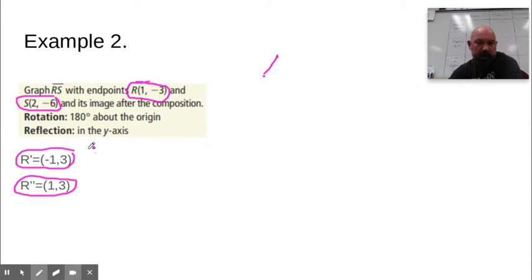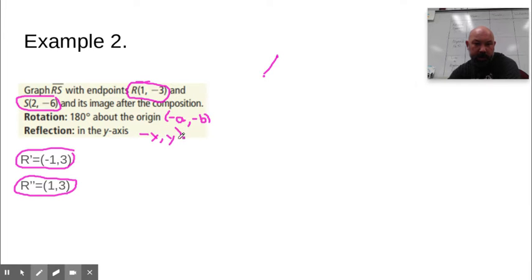Now, if you notice, I'm doing each of these points separately. Honestly, I think the easiest way to do it is to look at the points. I haven't shown you the graph yet. I think it's harder looking at the graph. I like looking at the points, recognizing what my rules are. We know this rule right here is (-a, -b). And this rule down here is (-x, y).